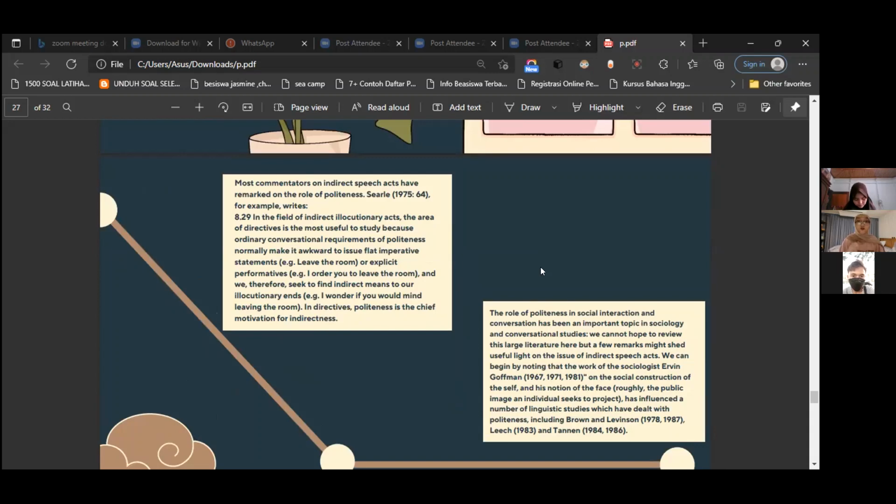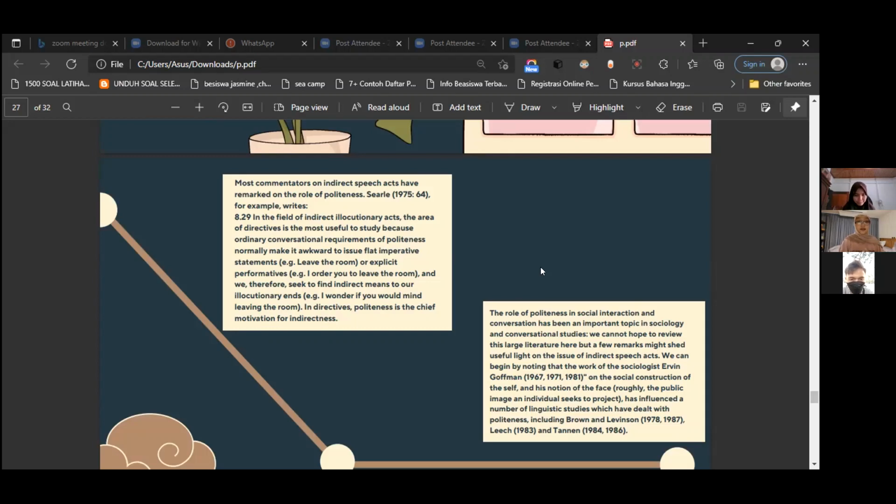Searle, for example, writes that in the field of indirect illocutionary acts, the area of directives is the most useful to study, because ordinary conversational requirements of politeness normally make it awkward to issue flat imperative statements or explicit performatives, and we therefore seek indirect means to our illocutionary ends.